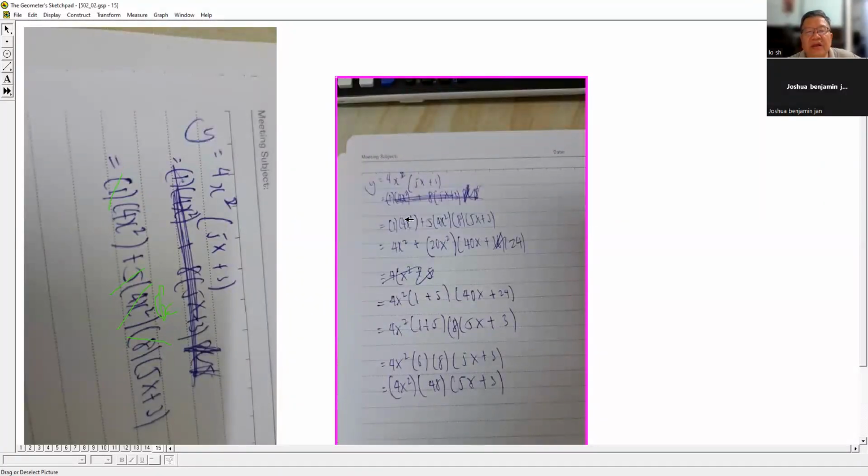Same, because you see, in both cases you have 4x squared. Oh, this is wrong. The one is 4x squared, the other one is 8x. If you differentiate this one, then this is 5. Then now this one no more, this one no more. This one you keep, you differentiate, this is 8x. So this only one question.